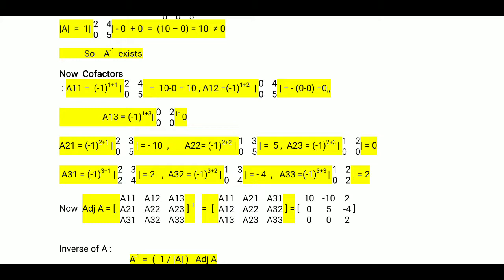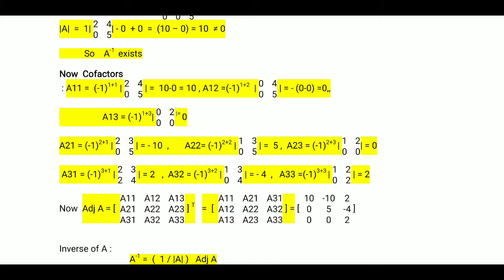Similarly the cofactors of the third row elements. A31 is minus 1 power 3 plus 1 and the determinant obtained by removing the third row and first column, we get 2 3 2 4, and after calculation minus 1 power 4 is 1, and the value of the determinant is 8 minus 6, so we get 2.